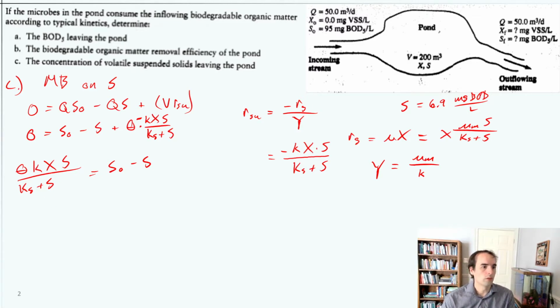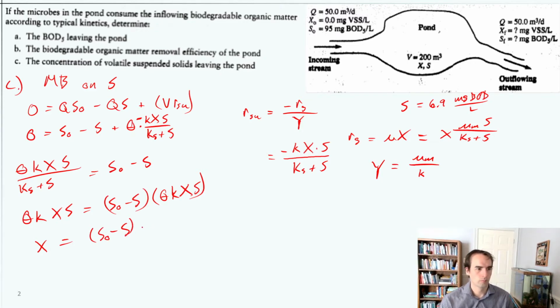From here, just looking at getting X by itself, we can say theta kX S equals S naught minus S times theta kX S, and then we would just need to divide by S, theta, and k. If I've done that right.